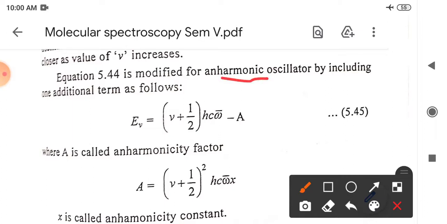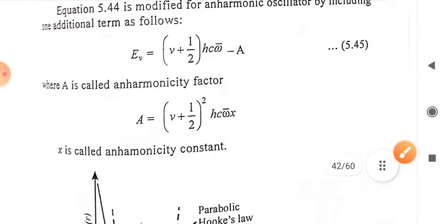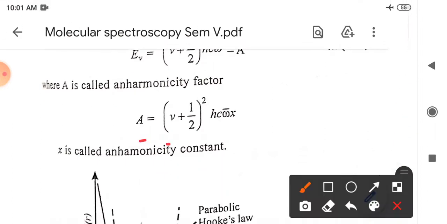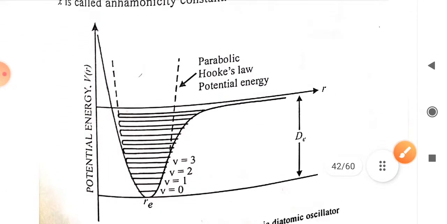The equation can be modified for the anharmonic oscillator by including an additional term, called the anharmonicity factor. So E_V equals the same, V plus 1 by 2 hc omega bar, minus A, where A is the anharmonicity factor, given by A equals V plus 1 by 2 whole square into hc omega bar into X, where X is the anharmonicity constant. This is the actual behavior we will observe for the given molecule.